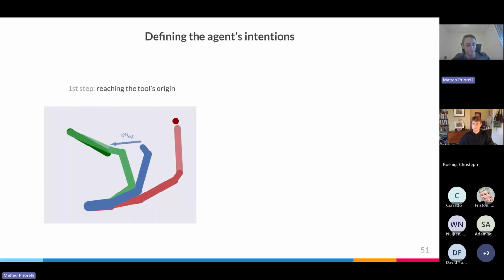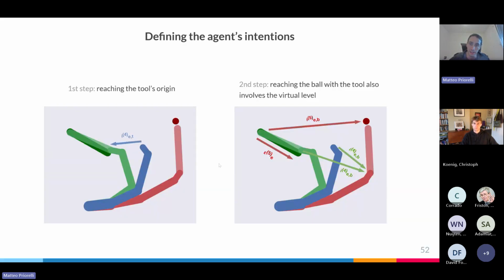So we now define the agent's intentions for these two steps of the task. In the first one, we just set the hand position to be equal to the inferred tool's origin, while the second step involves the green one and the red one, which are the inferred potential configurations. And you see that in the second step, the ball reaching action also involves the virtual level, since we want the tool's extremity to be equal to the ball position.